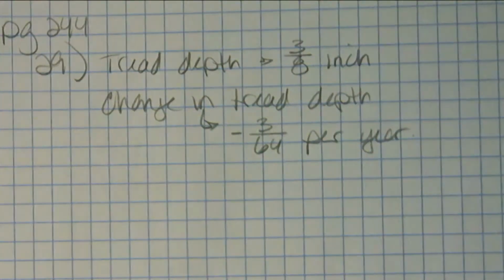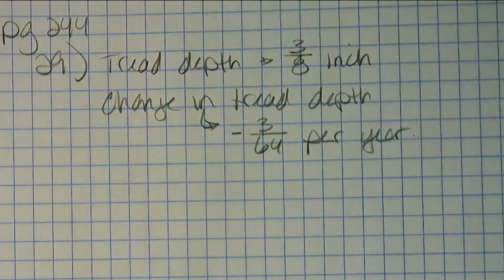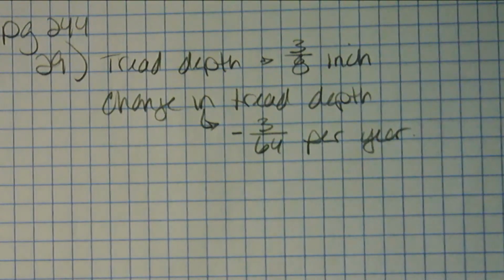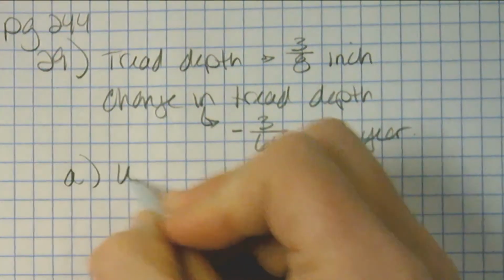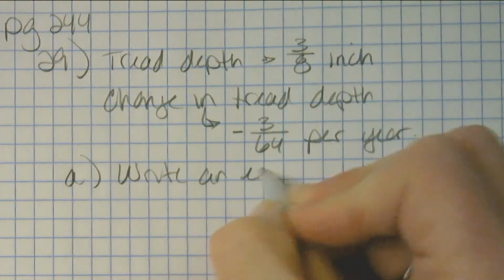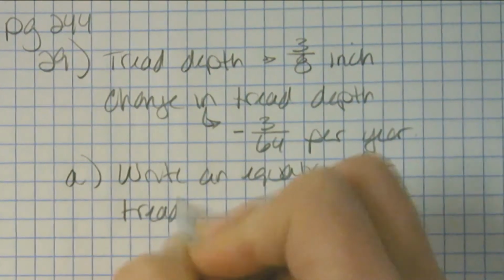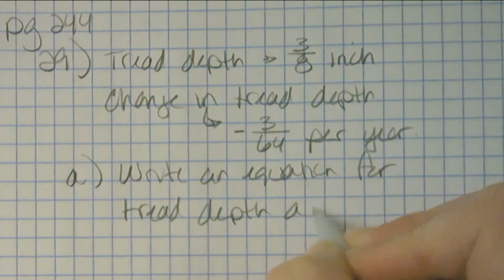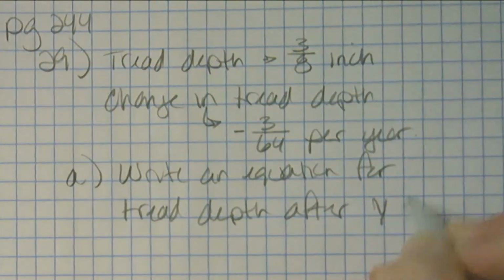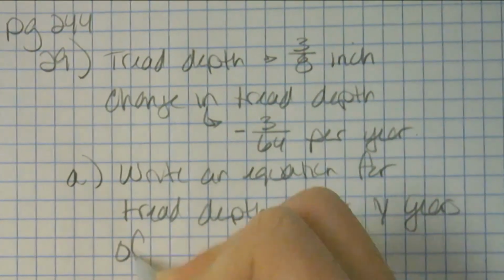Okay, so that's a rate. I don't know if we're going to use it as a rate, but that is a rate. Then it says, A, write a variable expression for the tread depth after Y years of driving, and I would say write an equation. So A is we want to write an equation for tread depth after Y years of driving.